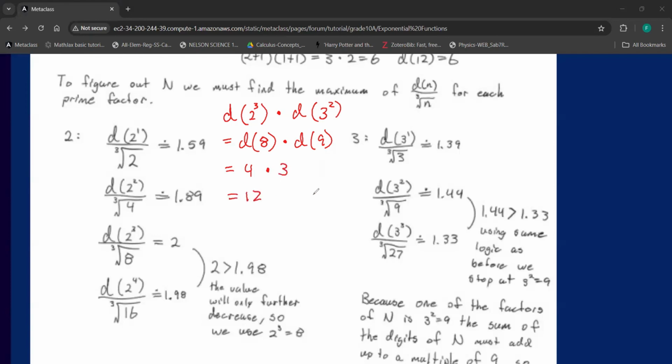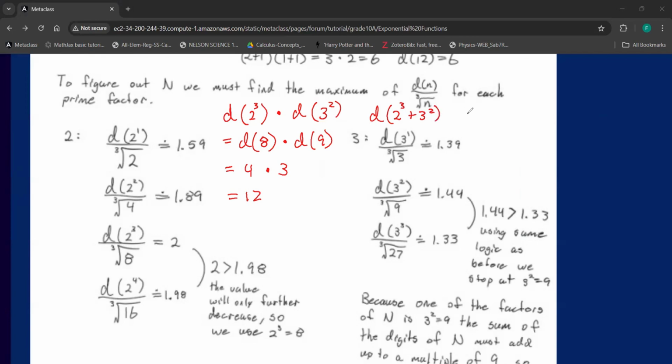And so this works simply because you are just multiplying the 2 cubed and 3 squared. Okay, so to you guys, this might look like d of 2 cubed plus 3 squared, right?